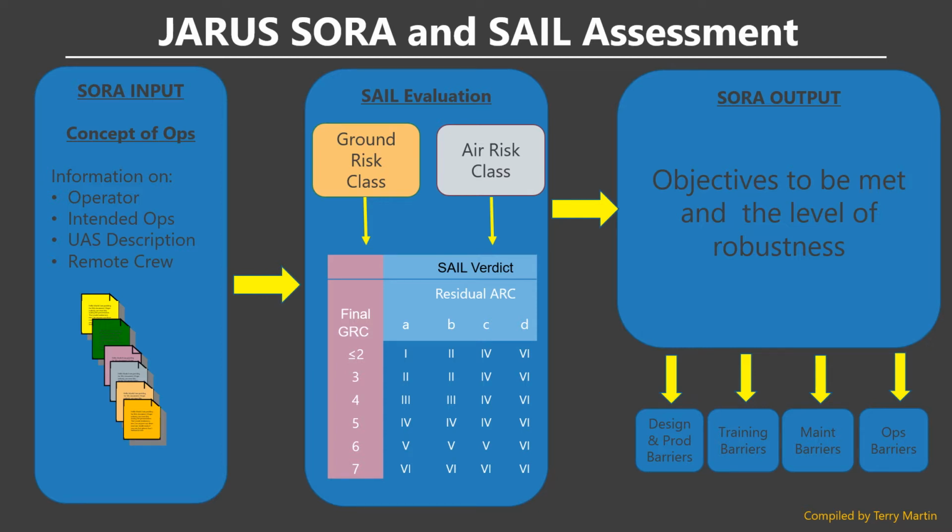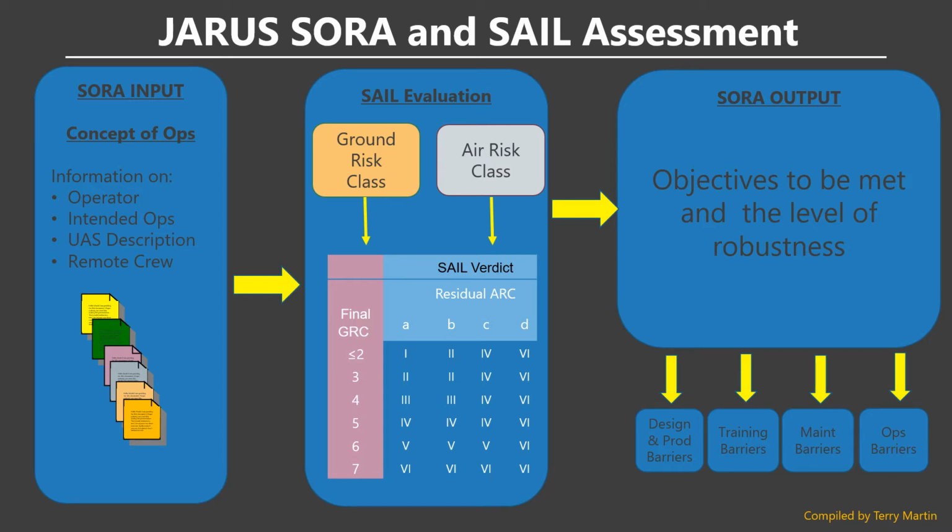What comes from that is establishing both a ground and air risk classification that subsequently leads to an assurance and integrity level score, and that then subsequently drives expectations across design, production, training, maintenance and operations.